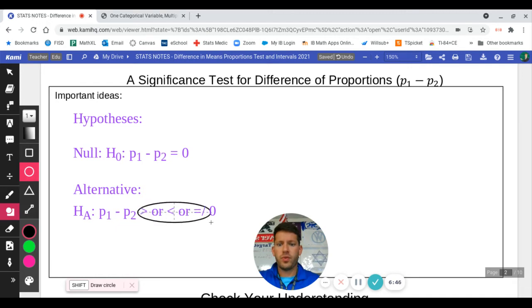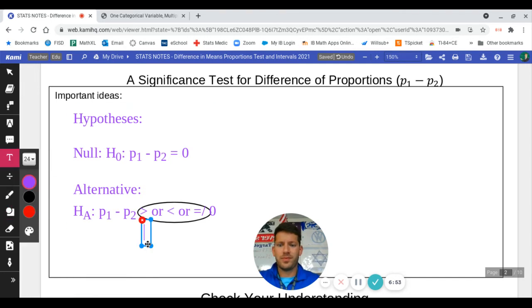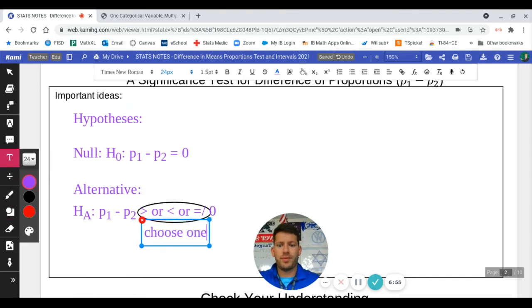So you'll choose one of those three. Choose one. And that'll be basically either what you're thinking or what the problem's claim is.